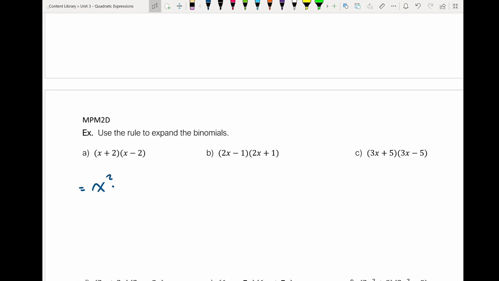So here it'll be x squared minus 4, so the first term squared minus the second term squared.